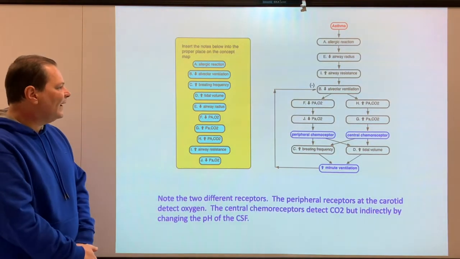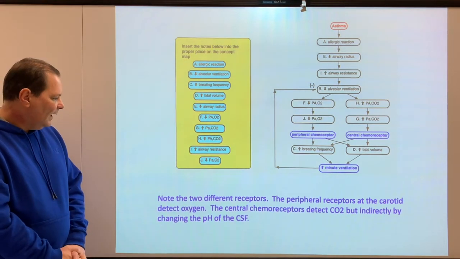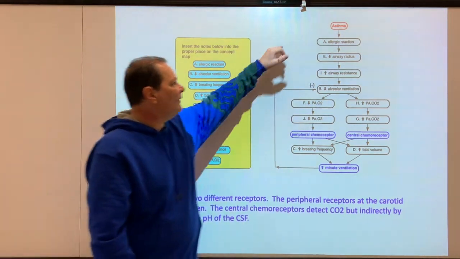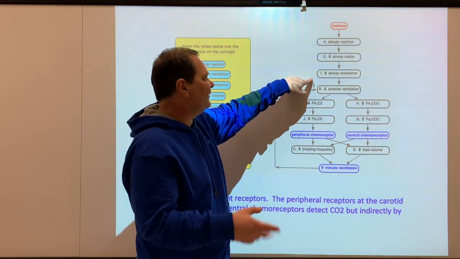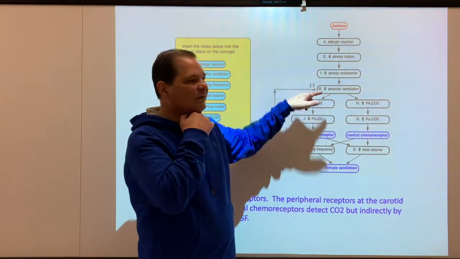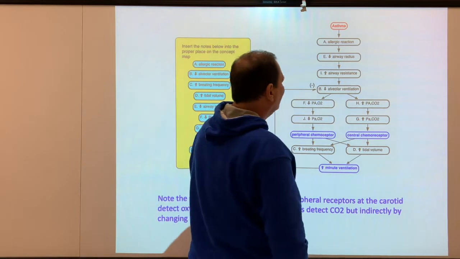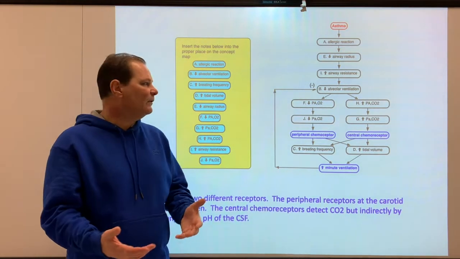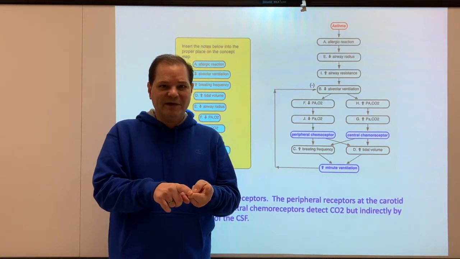And finally we have our concept map with the response to asthma. So you have an allergic reaction, the airway radius decreases, that increases airway resistance, and reduces alveolar ventilation. Probably because tidal volume has dropped, since alveolar ventilation is frequency times tidal volume minus dead space.